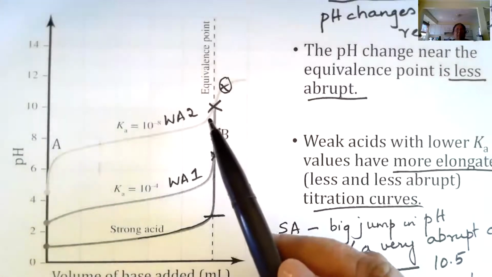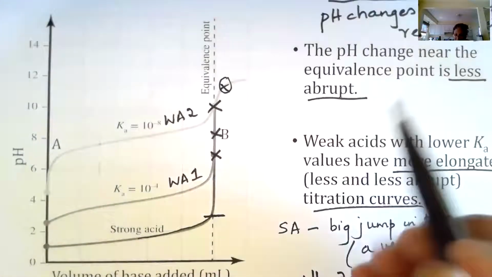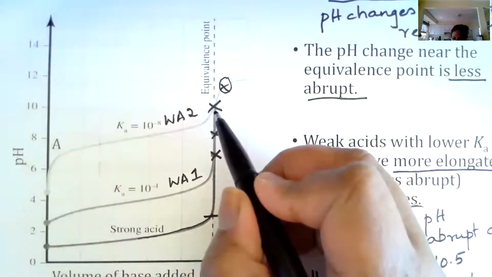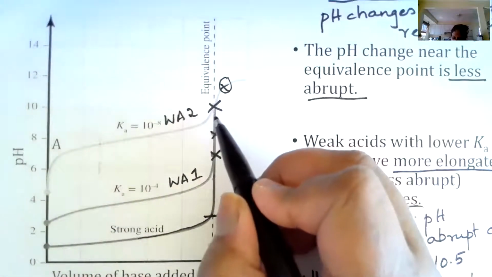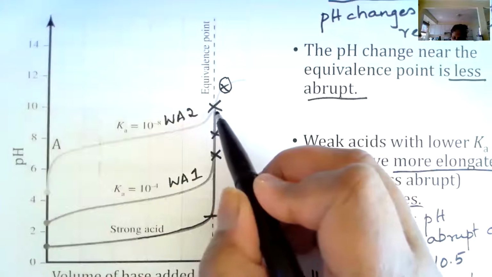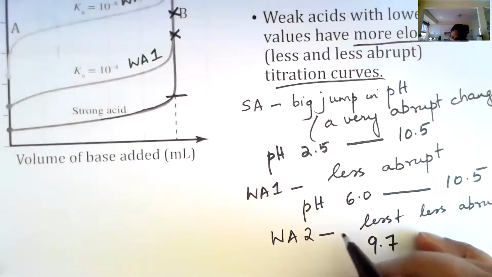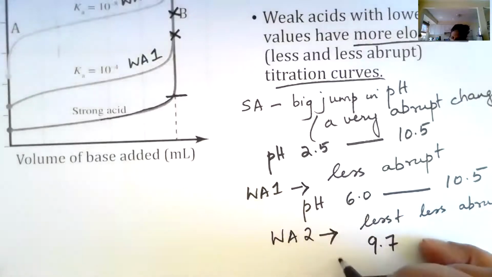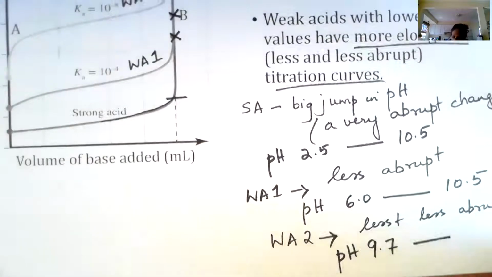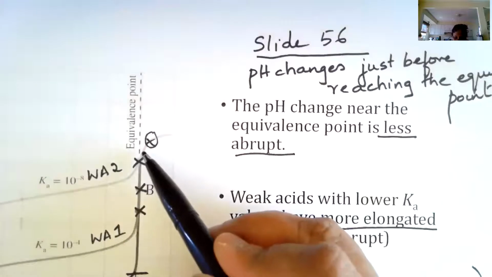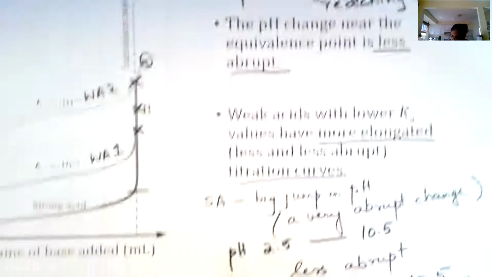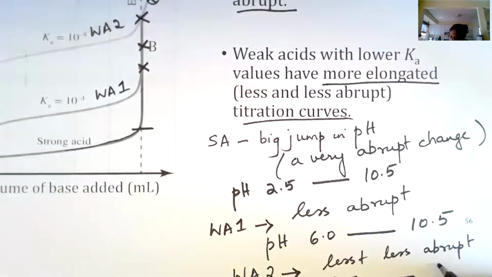Goes like that, and this range is so small. If I need to quantify it, it's like 9.7 to, I don't know, like 10.5 to me.